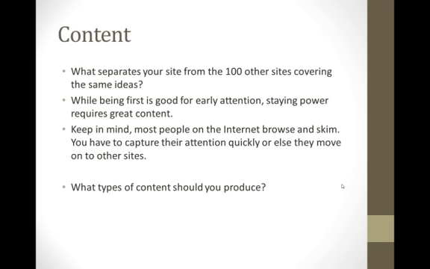What types of content should you produce? Well, there are a lot of different ways you can go about creating content, and it really depends on what type of business you're trying to create. If you're working with a local organization that's selling a product, obviously the content should focus around the products they're selling. You could also create more of an informational content site. I actually started doing this in my spare time.